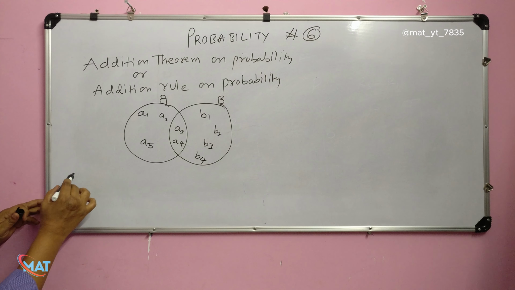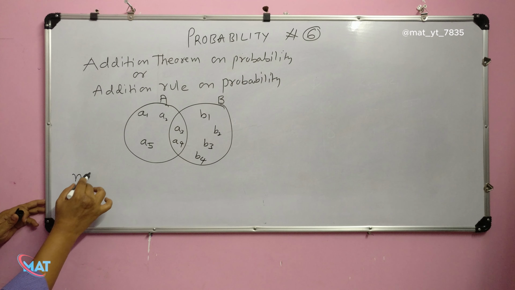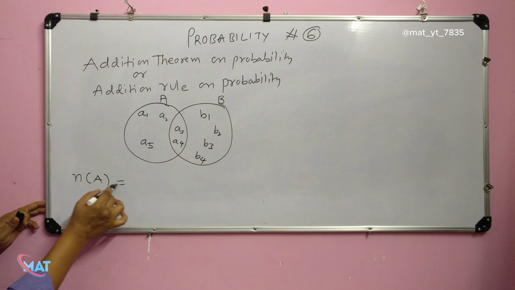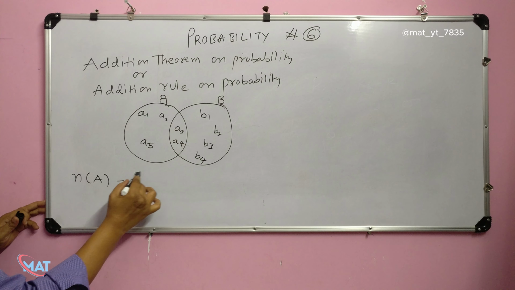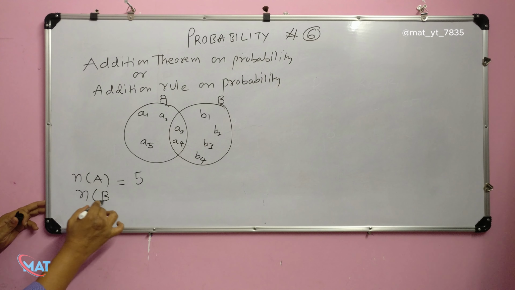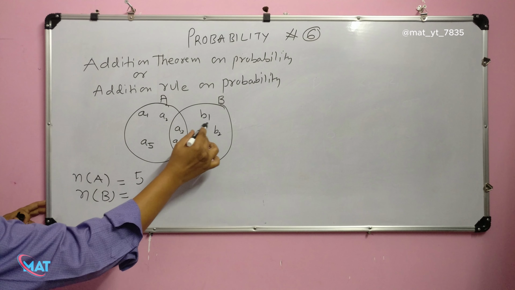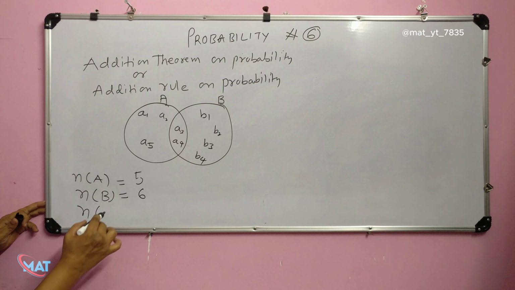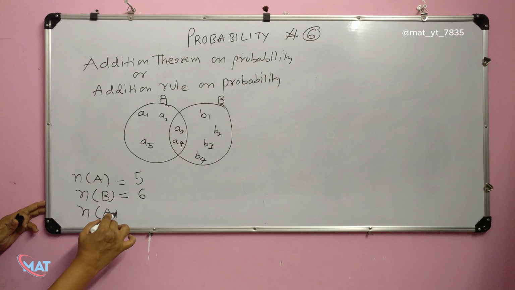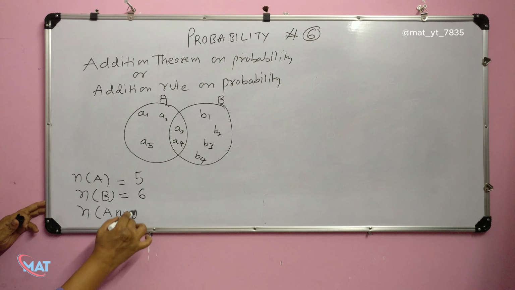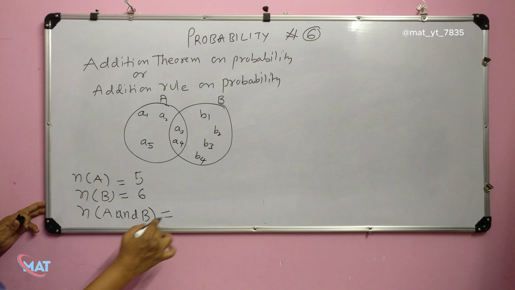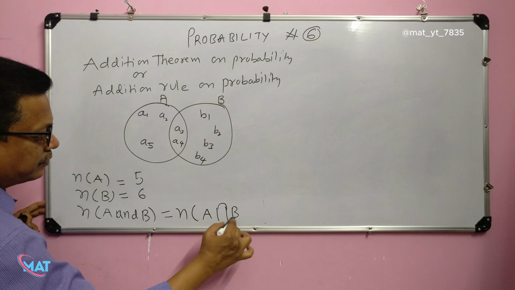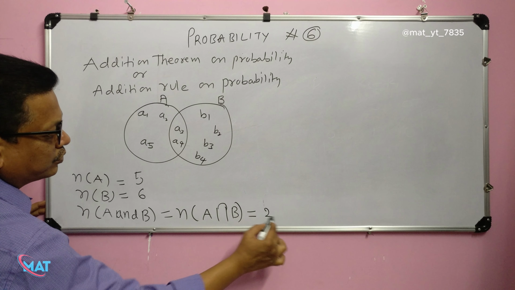The theorem states that the number of outcomes in event A is equal to 5, the number of outcomes in event B is equal to 6, and the number of outcomes in both the events A and B, in symbolic form the number of elements of A intersection B, is equal to 2.